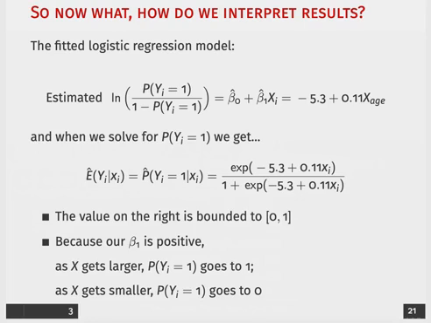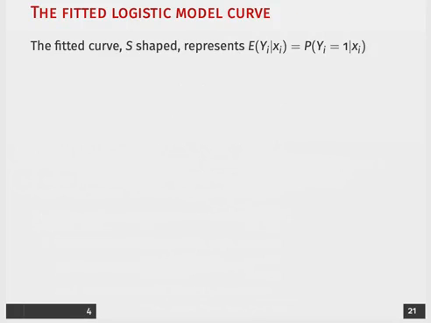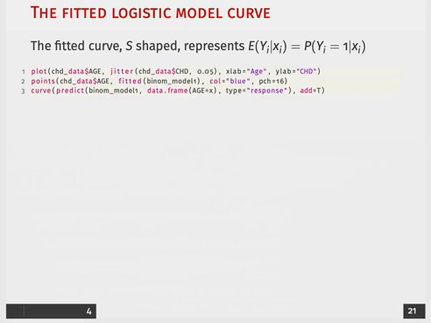We can see this visually if we plot out the fitted values, the expected likelihood of having coronary heart disease at a given value of X. Here, all I'm doing is setting up the plot where my X is the values for age.